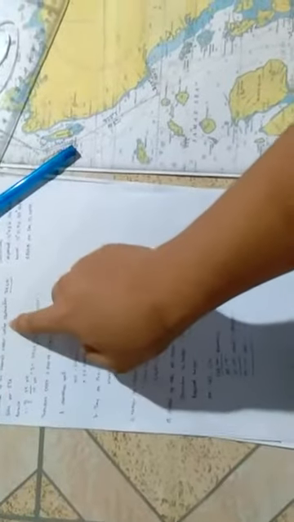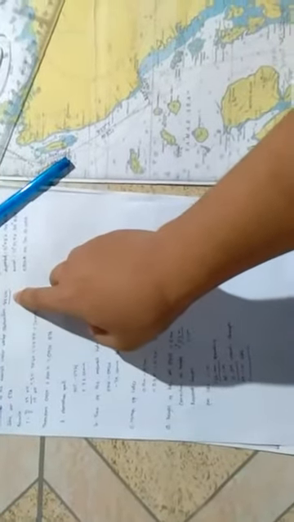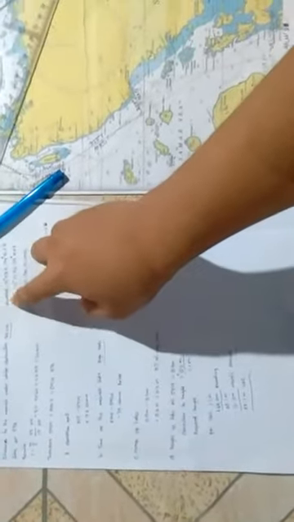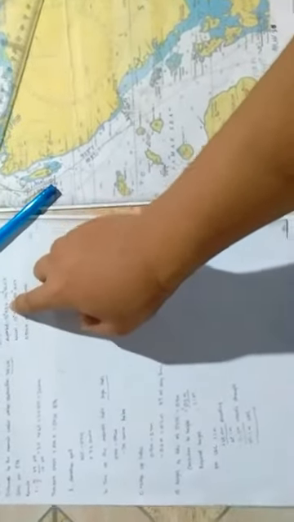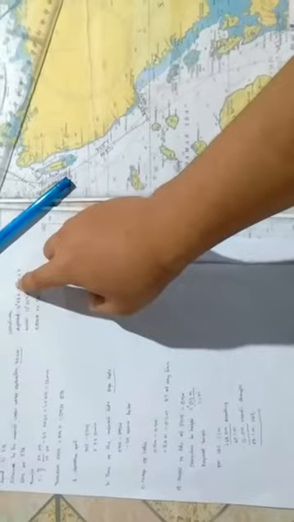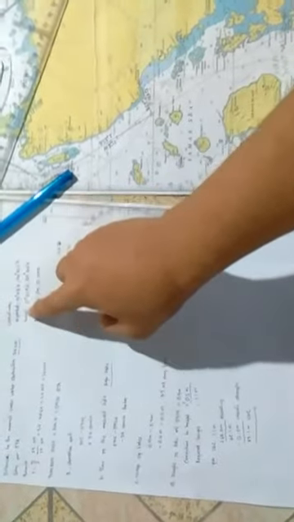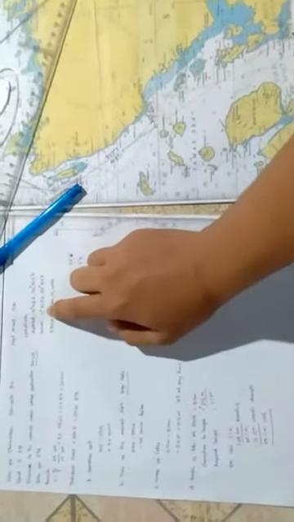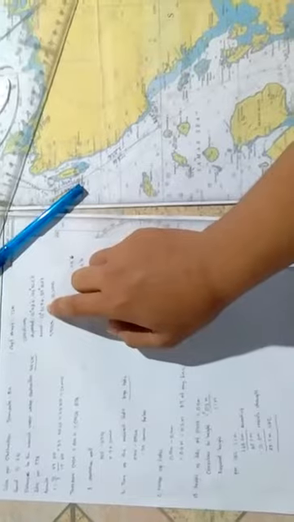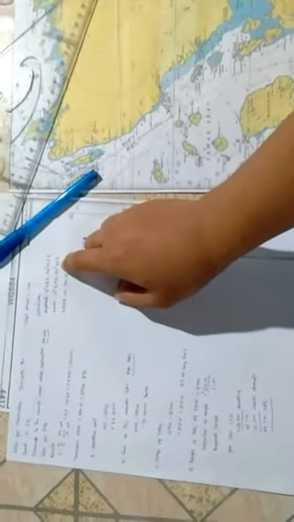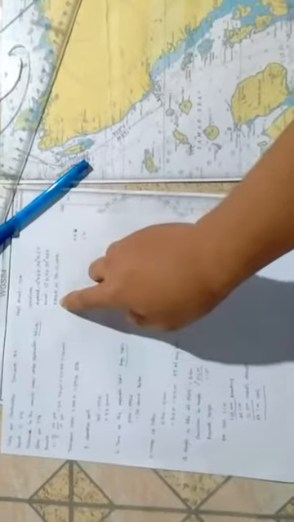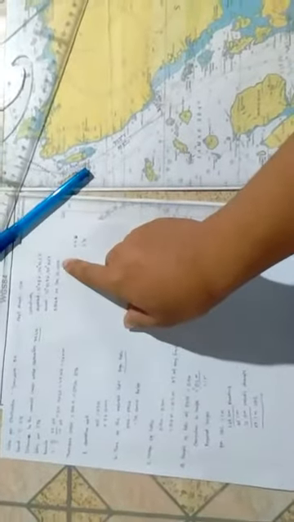Distance to the nearest underwater obstruction 34 nautical miles. Coordinates departed 12 degrees 3.8 north, 124 degrees 35.5 east. Arrival 12 degrees 22.9 north and 124 degrees 55.0 east. 5 hours on December 10, 2020.